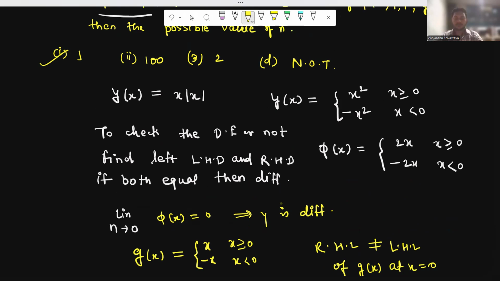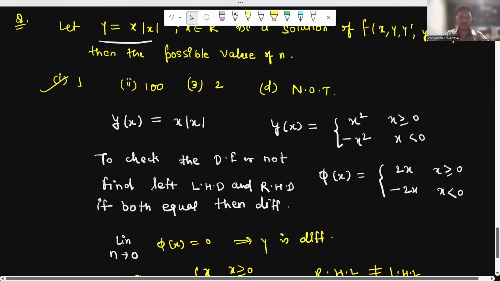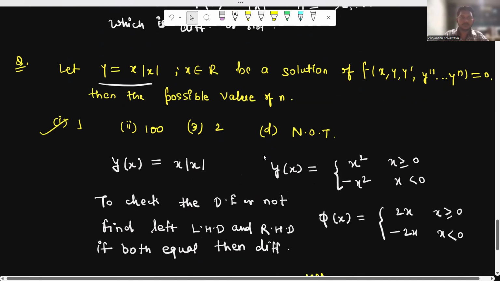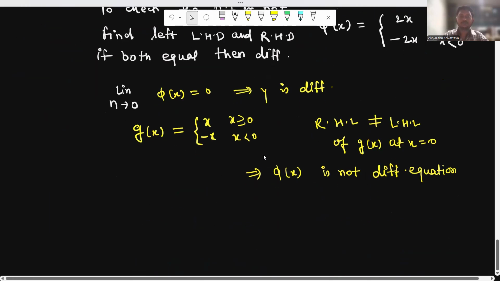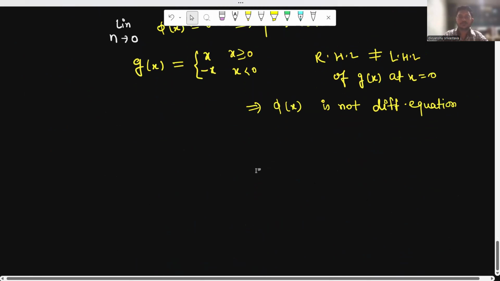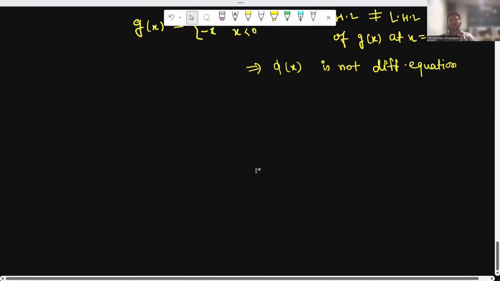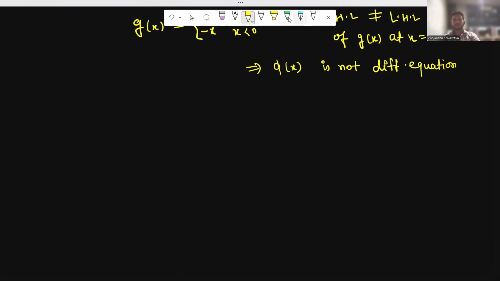Again, one more problem, basically based on modulus type of problem. Okay. Second problem is like this. So in the second case, you may justify like this.